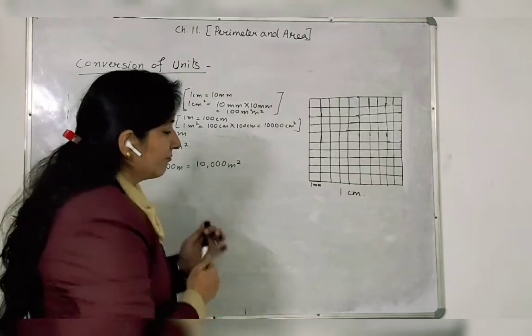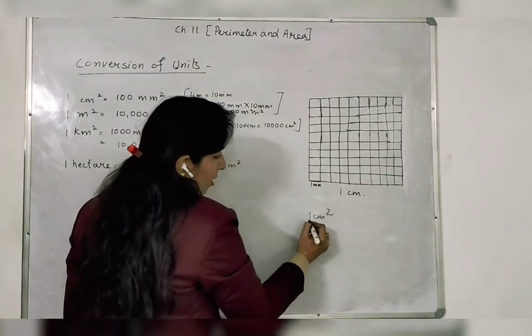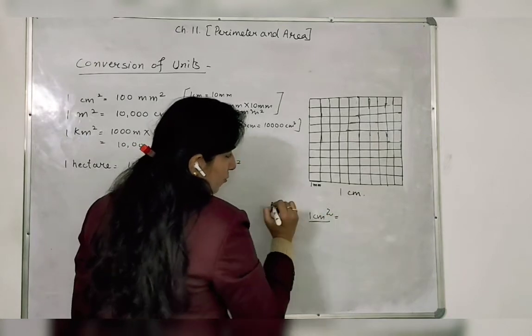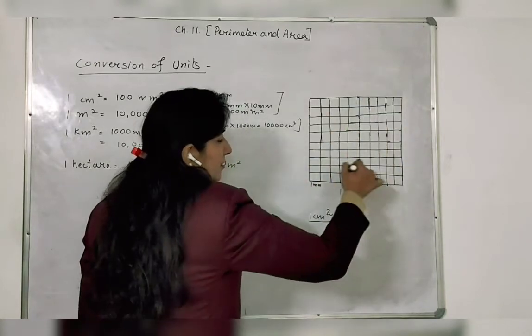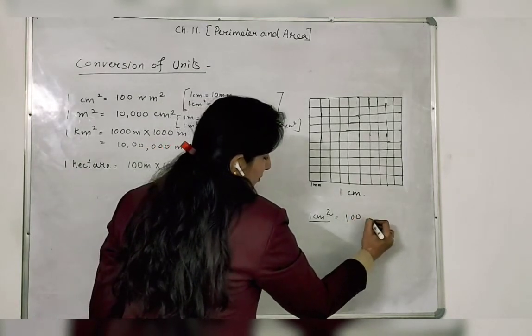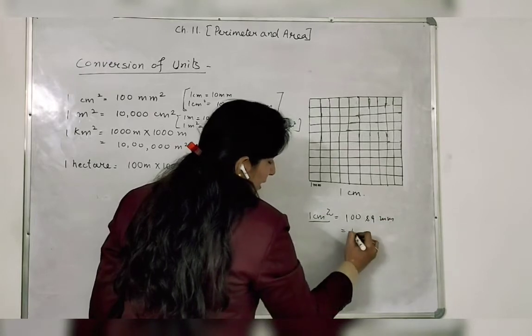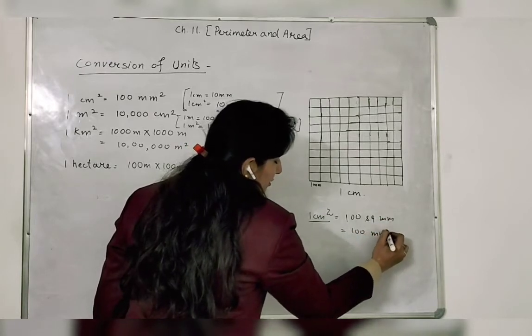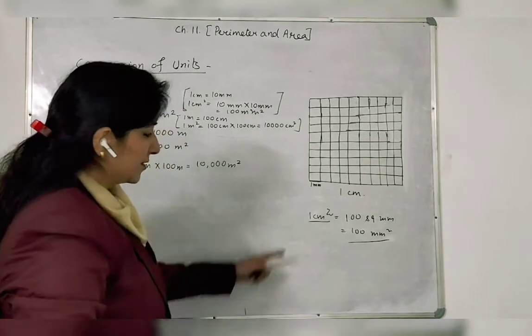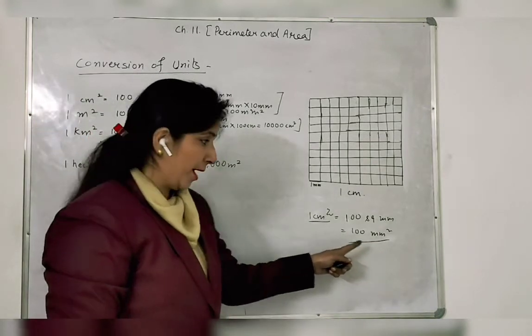So if we talk about area, square always means we are talking about area. 1 centimeter square will be equal to how many squares of millimeter? There are 100 squares of millimeter. We can write 100 square millimeter, or 100 millimeter square. So this is the reason 1 centimeter square equals 100 millimeter square.